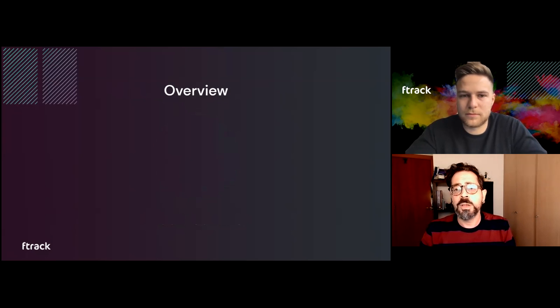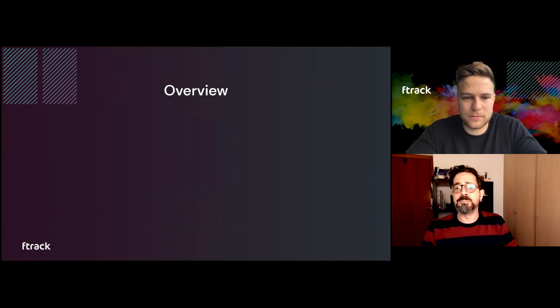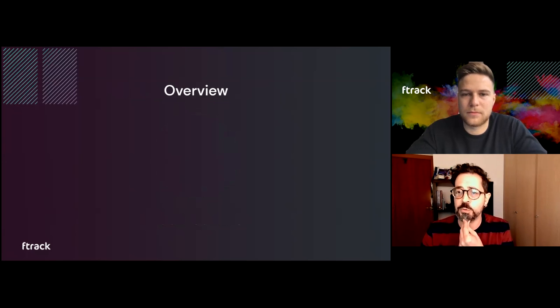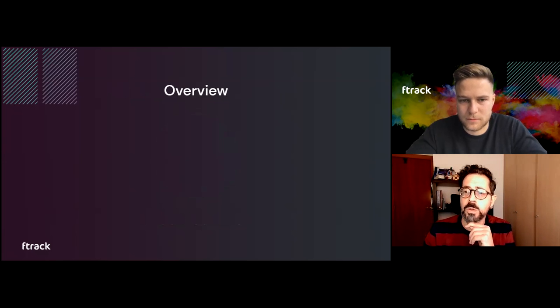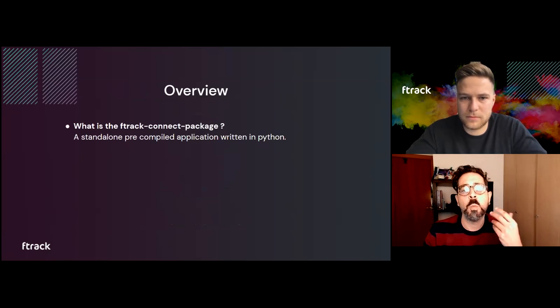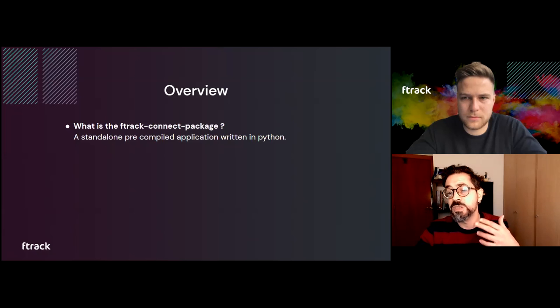So what we're gonna do is to start with a bit of an overview, breaking down what are the Connect functionalities. Starting with what is ftrack-connect package. As we said, it's to disambiguate.